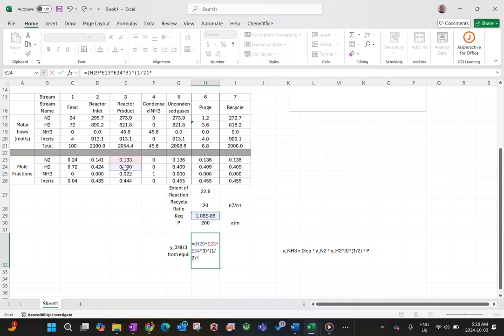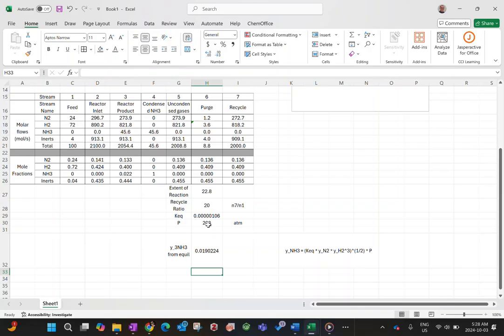Then I'm going to multiply by the pressure in atmospheres. And so this is the expected mole fraction of ammonia from equilibrium. So it's 0.019. You can see that it's actually not terribly far off from the value that's in the table right now.